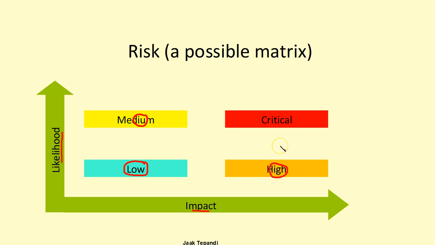And for high likelihood, high impact risk, we might say that it's critical. If you look at this matrix, you see that it's asymmetric. These things here are different. So in a way, impact may be more important than likelihood, but it depends, of course.